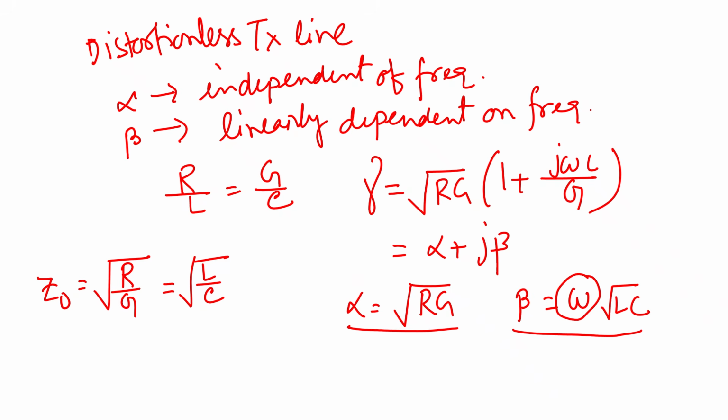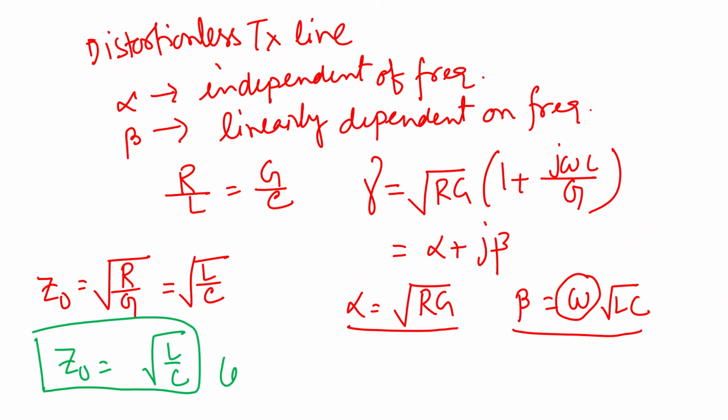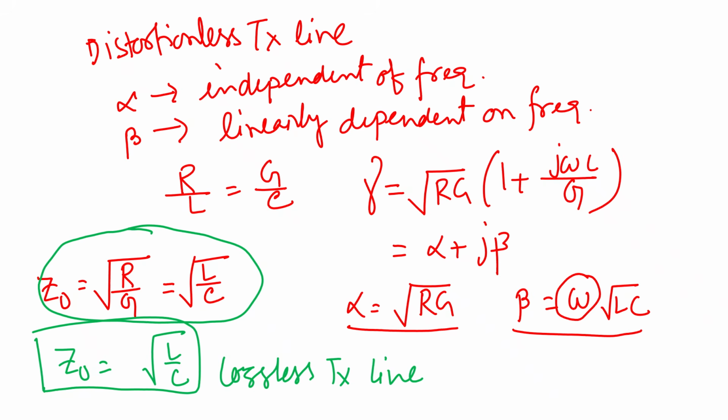For a lossless transmission line, Z naught equals under root L by C. And for a distortionless transmission line, Z naught equals under root R by G, or under root L by C. So these are some of the important formulas related to transmission line.